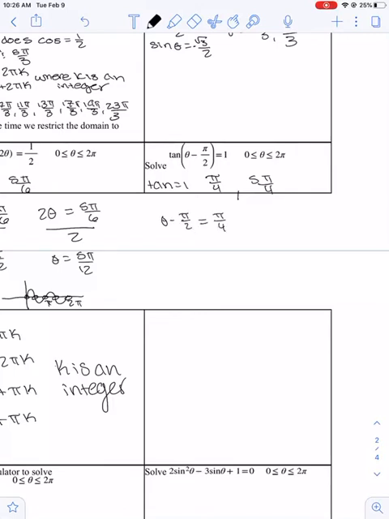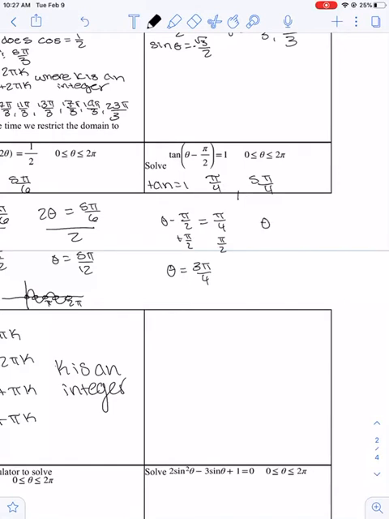So theta minus pi over 2 equals pi over 4. We're going to add pi over 2 to both sides, which is also 2 pi over 4. So theta equals 3 pi over 4.